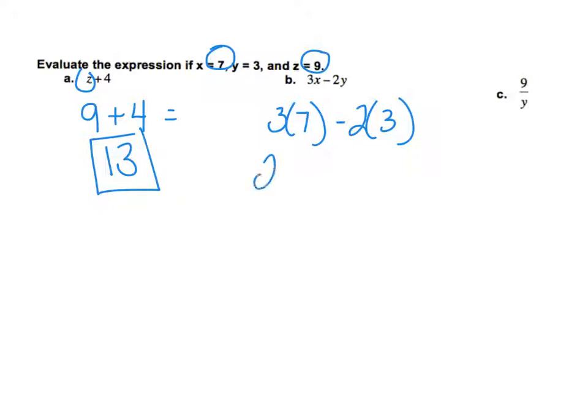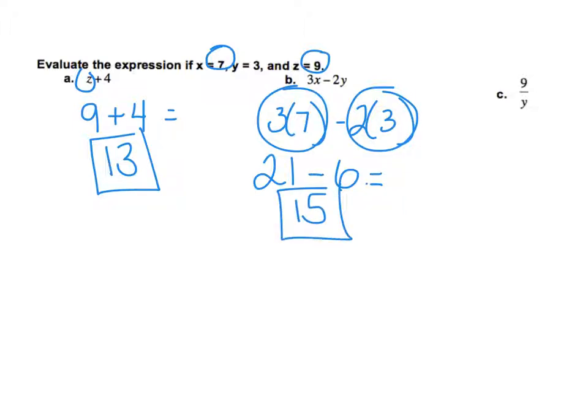So I'm going to have 21 minus, and I'm going to remember, because the order of operations says that we have to multiply before we add or subtract, so we have to do this part first. So we have 21 minus 6 is equal to 15.